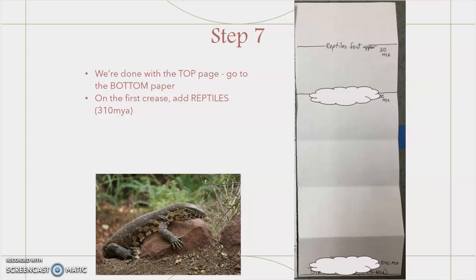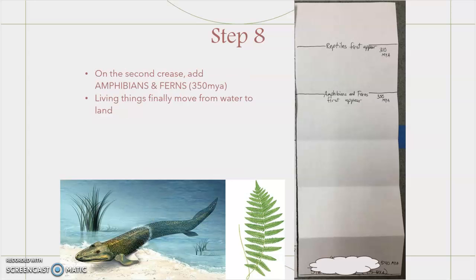Remember, pause as necessary. On the first crease, reptiles, 310 million years ago. On the second crease, amphibians and ferns, 350 million years ago. This is where living things are finally moving from aquatic life to terrestrial life, so from the water to land.